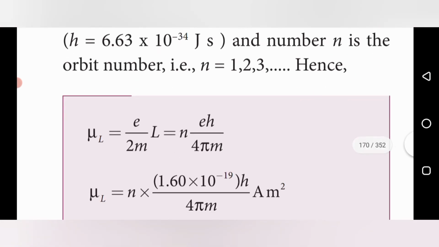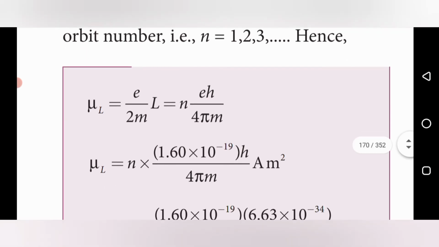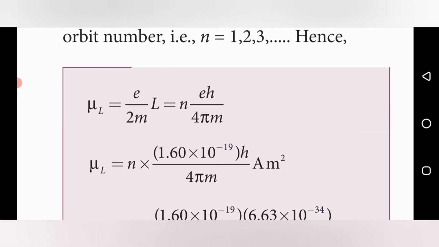So take μL is equal to e by 2m into L. Substitute the value of L here.